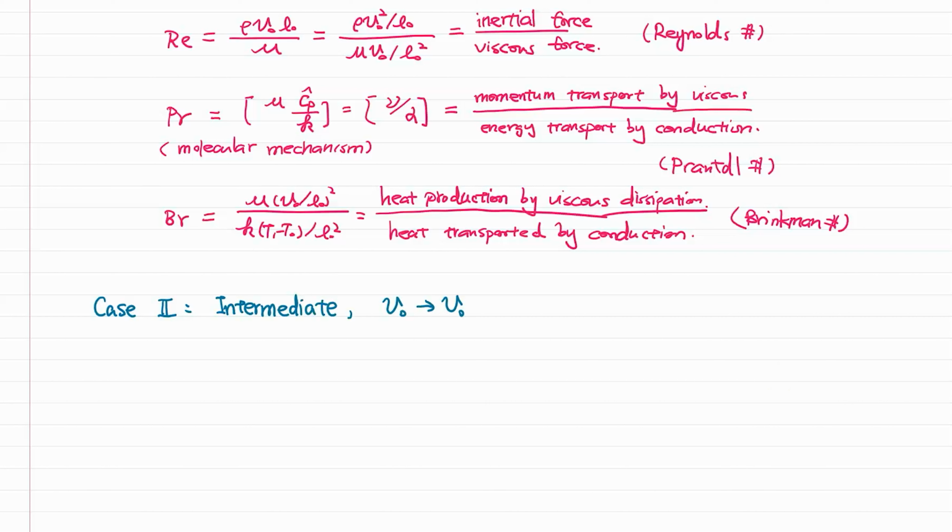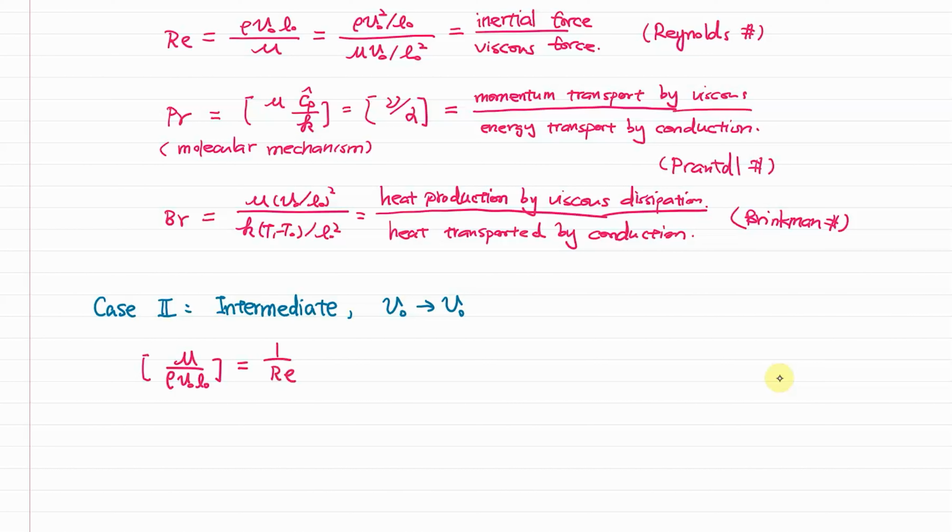So let's take a look at that. We still have the Reynolds number term: mu over rho V naught L naught, that equals 1 over Reynolds number.